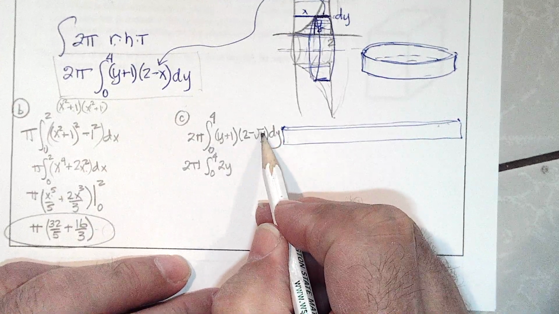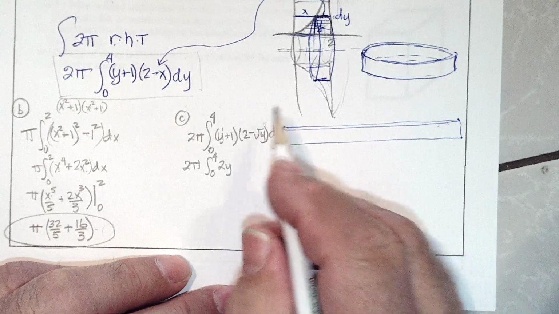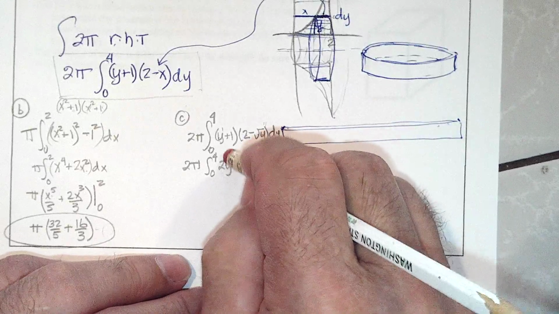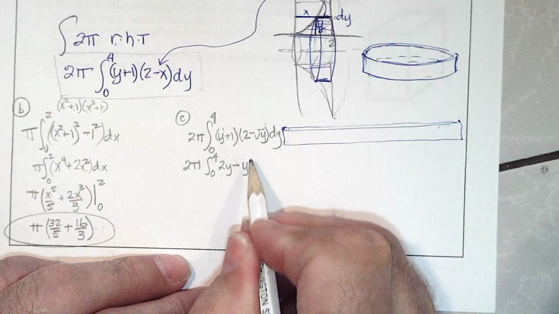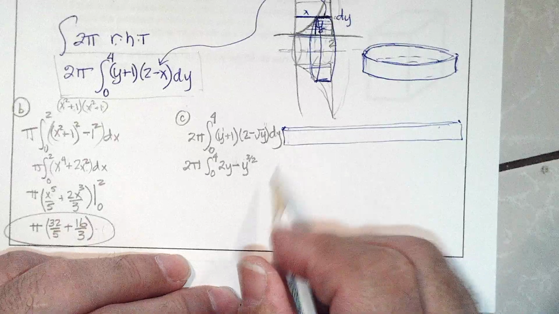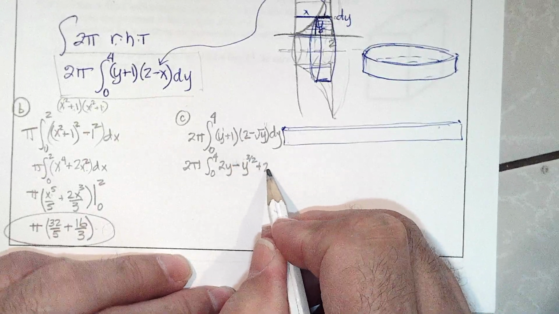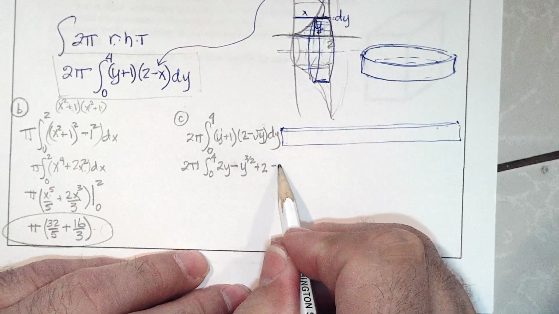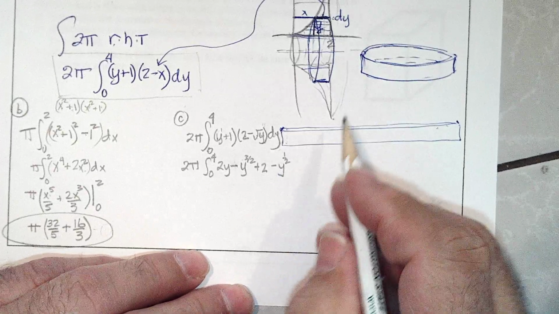Y times the square root of y, that's y to the 1 times y to the half, so that's minus y to the 3 halves, 1 and 1/2. 1 times 2 is 2. And 1 times the negative square root of y is negative y to the 1/2, dy.